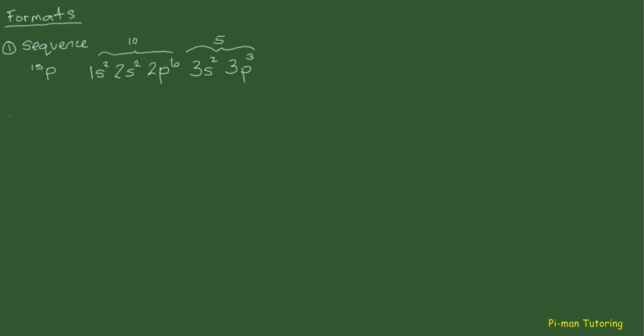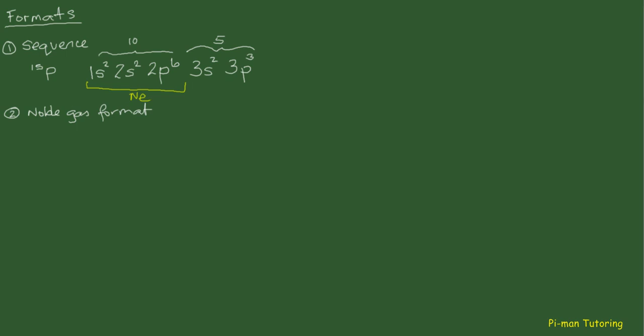There's a shorthand version of that, which is called the noble gas format. And the noble gas format simply says a whole bunch of this electron configuration here, specifically this piece here, 1s2, 2s2, 2p6, that is the electron configuration of the noble gas neon.